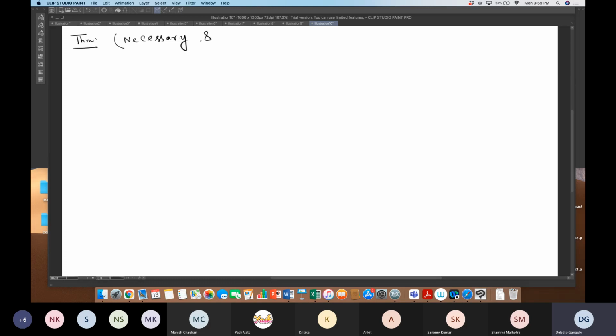There are functions which are C infinity but not real analytic. Yes or no? Yes, sir. Now this will give a necessary and sufficient condition. It's a very, very important theorem, and it's a beautiful theorem.